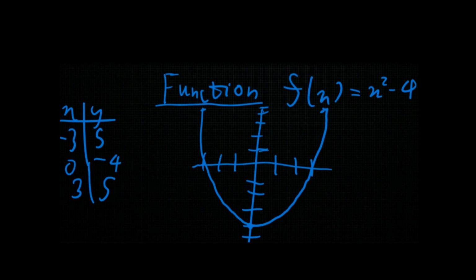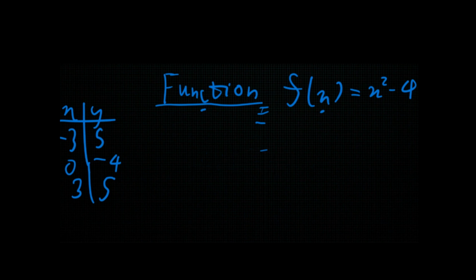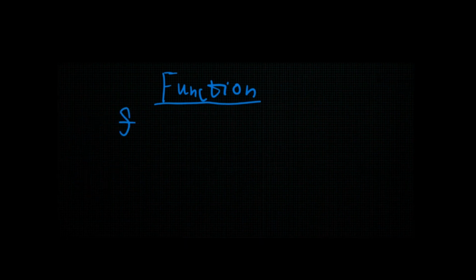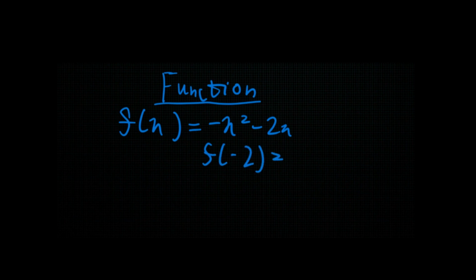I also want to show you the negative version of this. Let's try f of x equals negative x squared minus 2x. So now let's try to plot it. Let's begin with f of minus 2. So f of minus 2 will equal negative, negative 2 squared, minus 2 times negative 2.